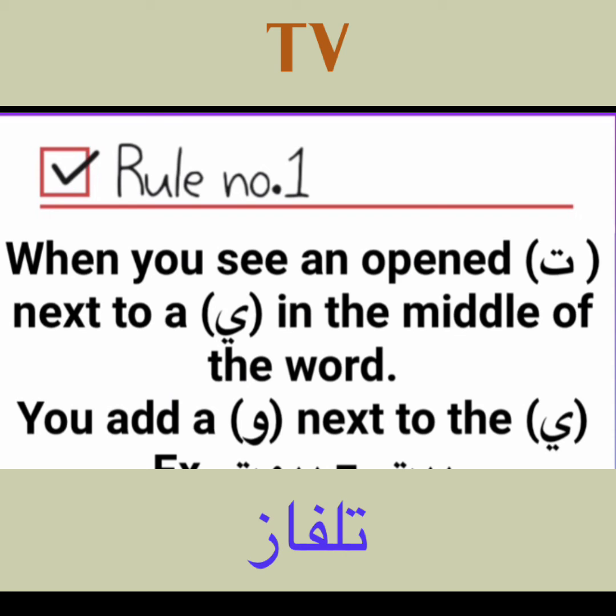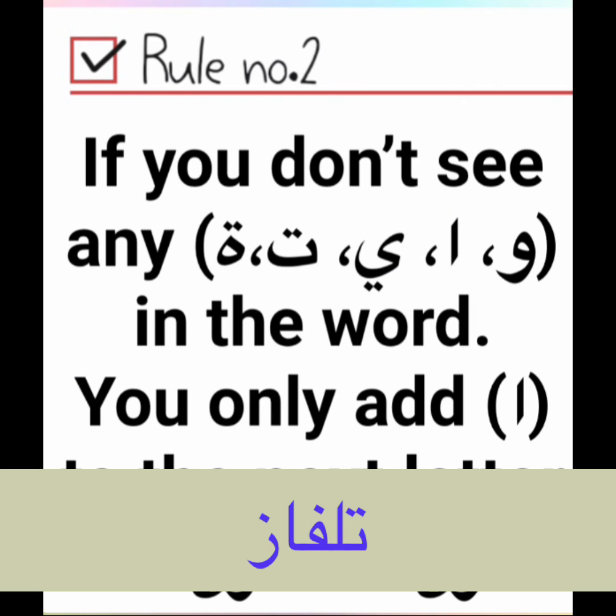Nope, the تاء isn't next to a ياء, so this rule couldn't be applied. Let's go to rule number 2. If you don't see any... no, we have a تاء. So again, this rule can't be applied here since we already have a تاء in تلفاز.